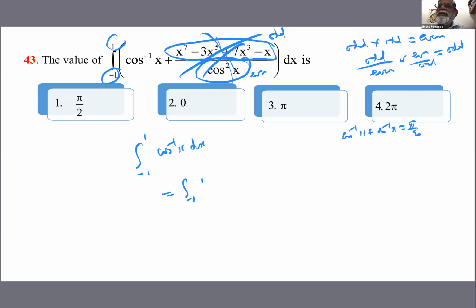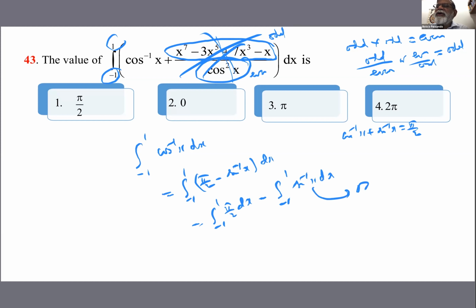So this is pi by 2 minus sin inverse of x dx, integral from minus 1 to 1. So minus 1 to 1 pi by 2 dx minus integral minus 1 to 1 sin inverse of x dx. This is an odd function. Integral of an odd function from minus a to a is 0. And this is pi by 2 into 1 plus 1, 2. So it is equal to pi.